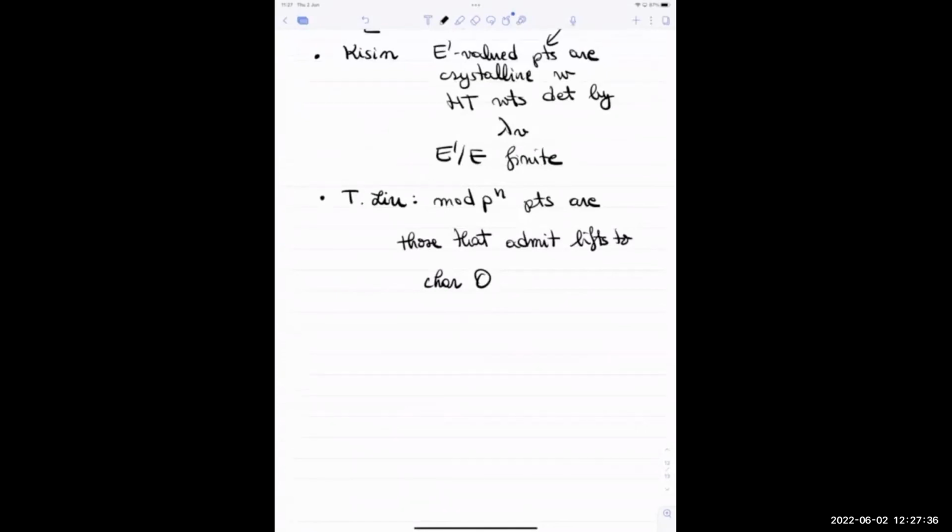that are crystalline and with the right Hodge-Tate weights.